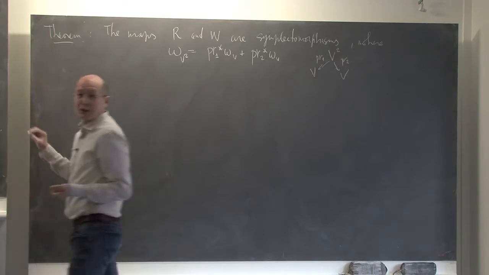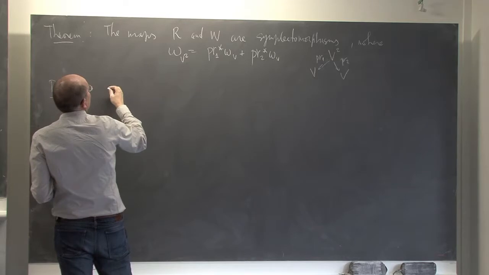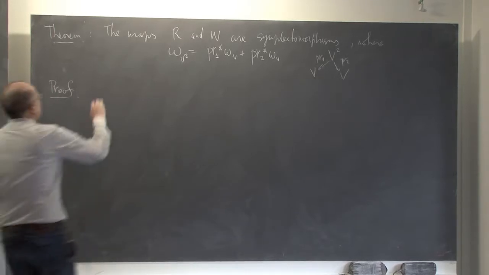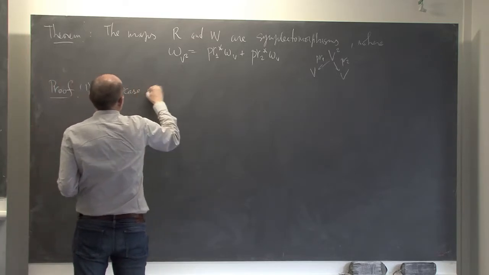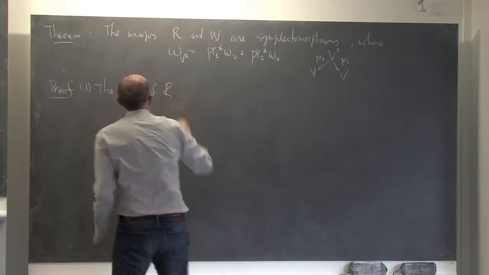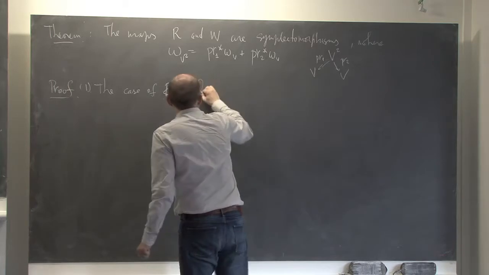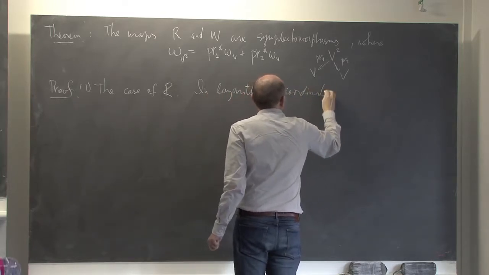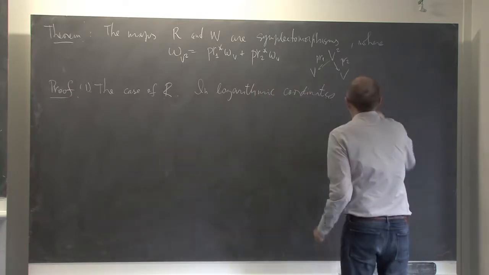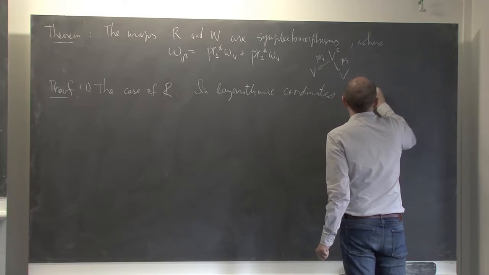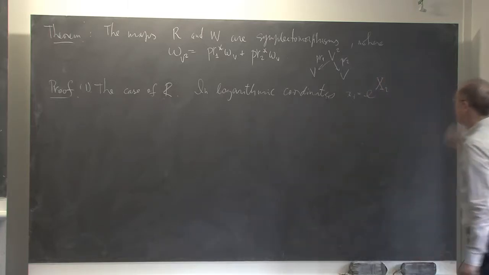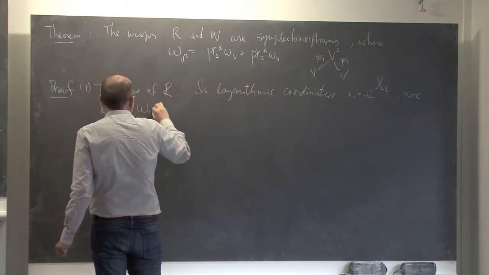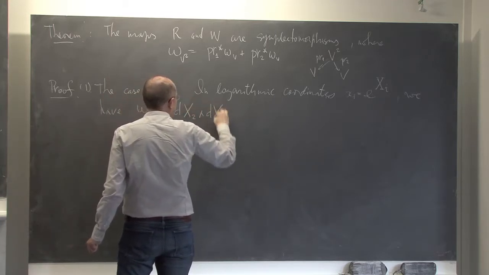Okay, so the proof is not difficult, so let me present it, starting from the map R. So the case of R. In logarithmic coordinates, x_i equals e to the capital X_i, we have omega V given by dX2 wedge dX1.